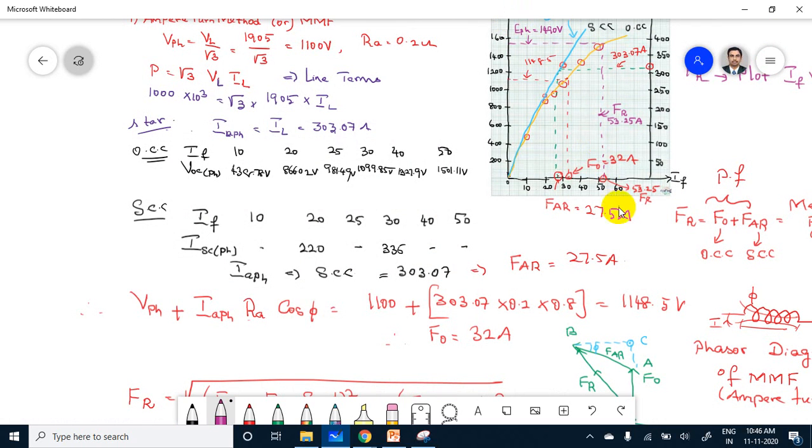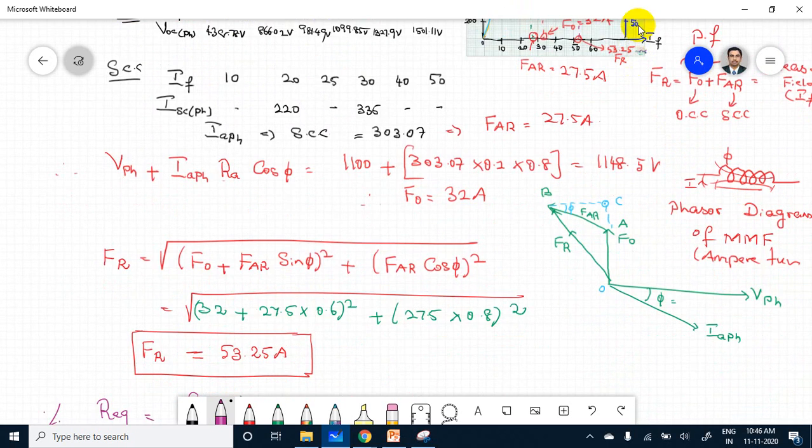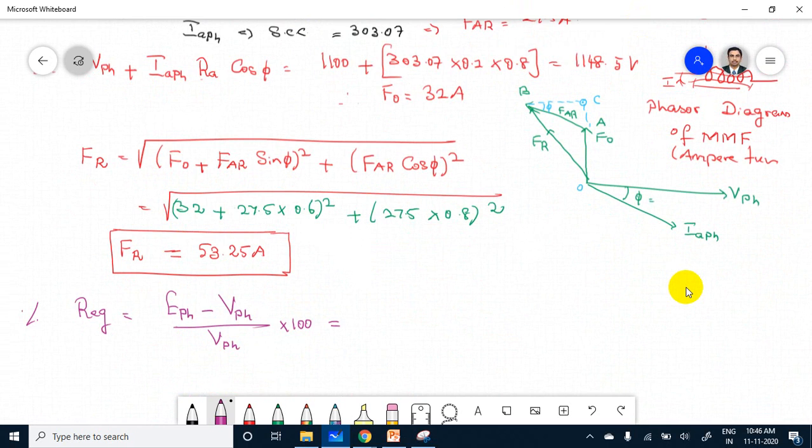If you project it properly, you will get 1490 volt. Take it down from the graph: E phase equal to 1490 volt.